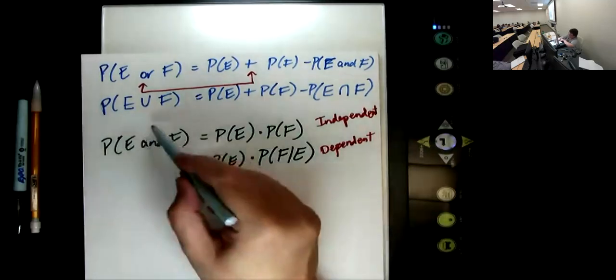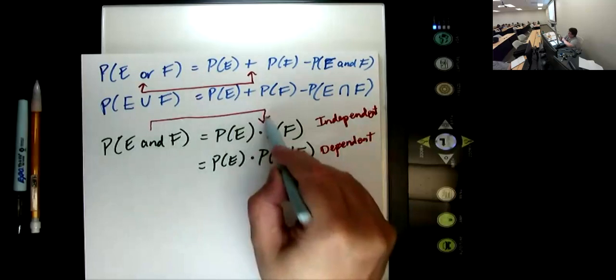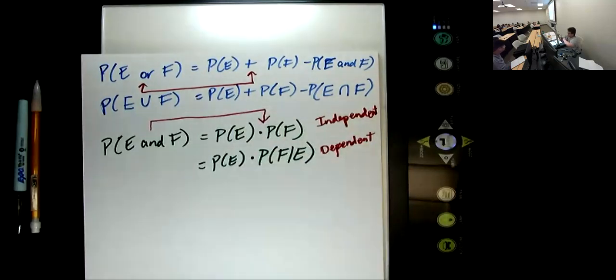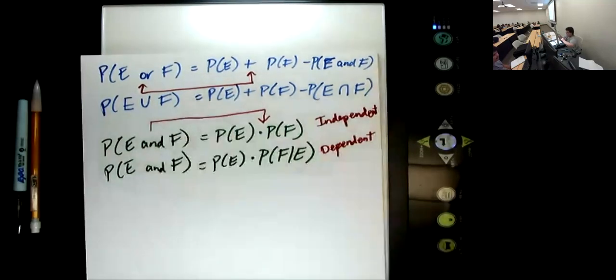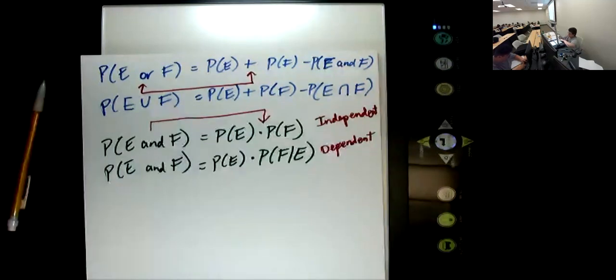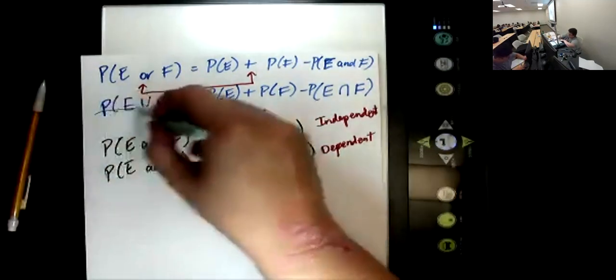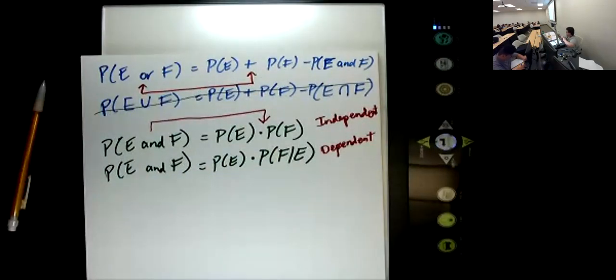In both cases, you'll see the and turns to multiplication. So three main formulas right now. I would really ignore this one right here. I'm going to put a line through it. Forget using union and intersection. I'm a rebel. I know how to do or and. Like that makes more sense. You say it in a sentence. E union F doesn't make any sense. E or F makes sense.